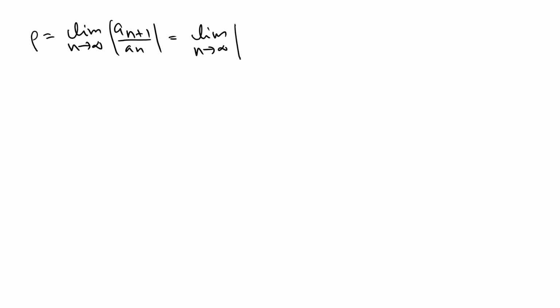So we can calculate again the rho, which is the limit as n goes to infinity of a_{n+1} over a_n. Let's plug in n plus 1: we have negative 1 to the n plus 1, ln(n plus 1).